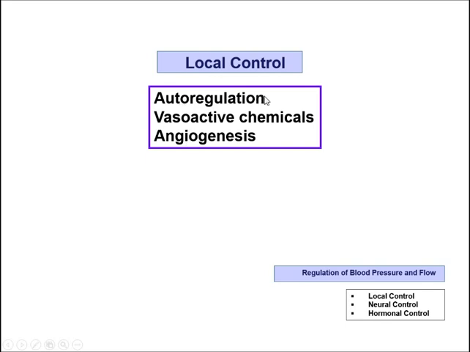For local control of blood pressure and flow, well, we've talked a great deal about vasoconstriction, vasodilation, and I think that you have a good understanding of what would happen to the blood flow in an area if the arterioles in that particular area vasodilated. Well, blood flow would increase to the area.